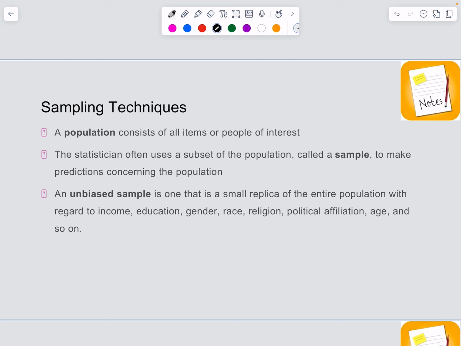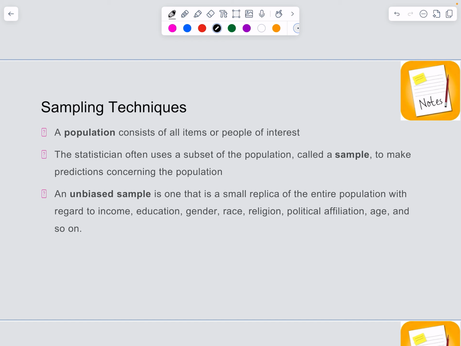We will refer to a subset of the population as a sample. That's what we're going to use to make predictions concerning the whole population. Sometimes it's impossible to make a conclusion on the whole population. There's no way I could ask everybody this question, but I can grab a sample and ask them and then make a decision about the population as a whole.